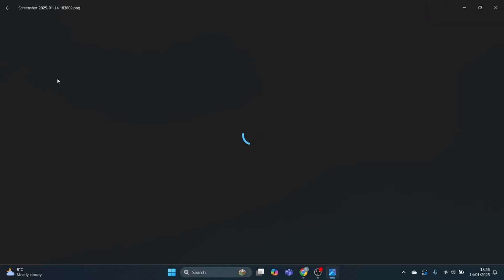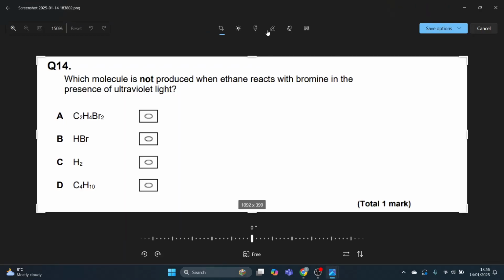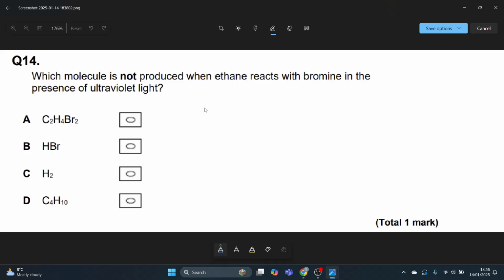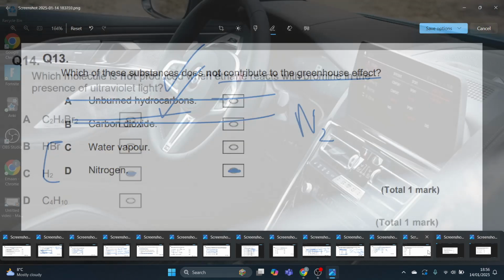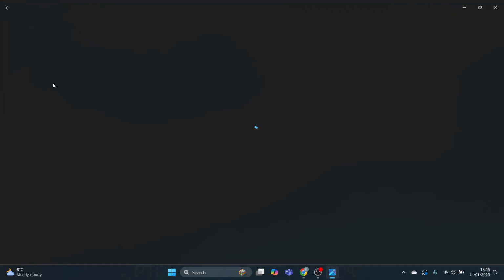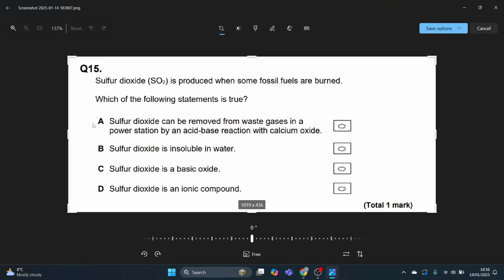Question 14. Which molecule is not produced when ethane reacts with bromine in the presence of ultraviolet light? Which is not produced? Light work: hydrogen. I don't even need to go through the equation or anything. Question 15. Sulfur dioxide is produced when some fossil fuels are burned. Which of the following statements is true?